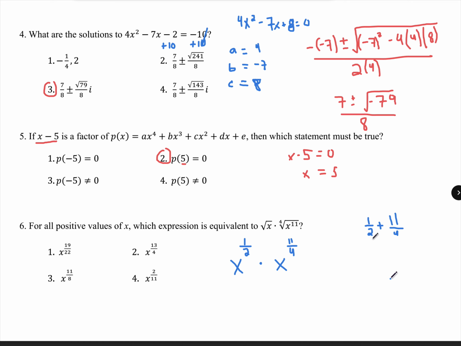Depending on how your calculator is set up, it might say 3.25, because it's a decimal. But you go to your math function, first button is change it into a fraction. 3.25 equals 13 over 4 as a fraction. What's my answer? Answer choice number 2. Hopefully this first video helps you out. Keep it rolling.